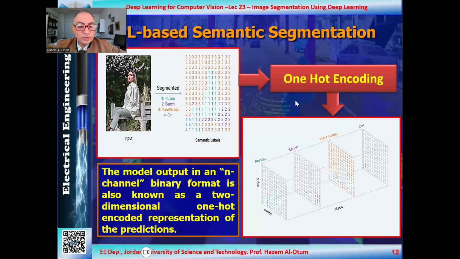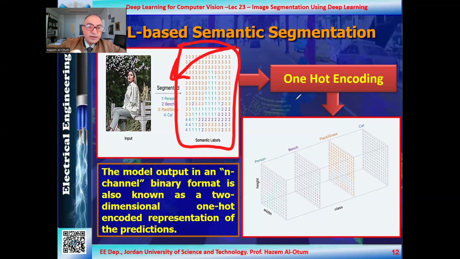Next, in general, a model output in an n-channel binary format is known as a two-dimensional one-hot encoded representation. What we mean by this is that, for this image, for example, you may get this matrix as a ground truth table.